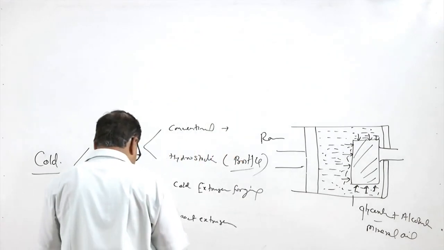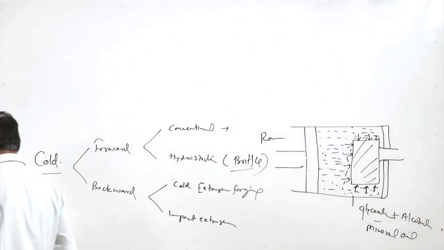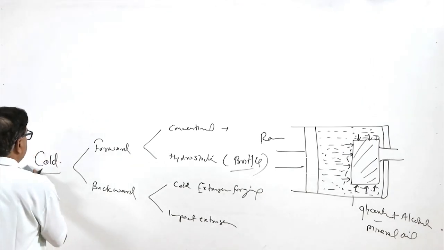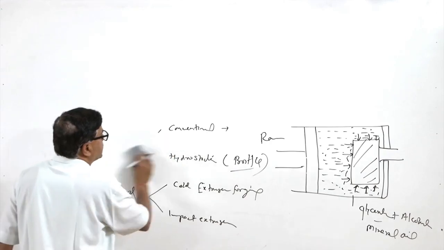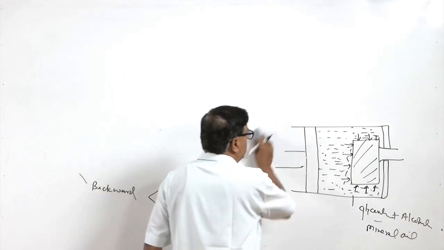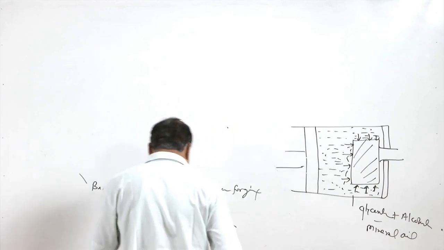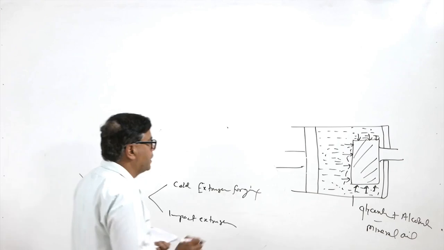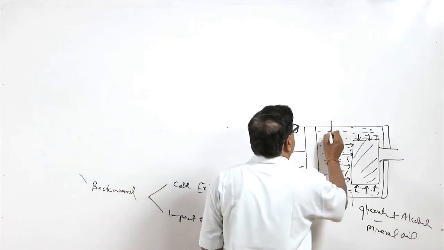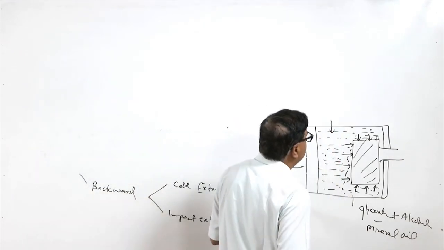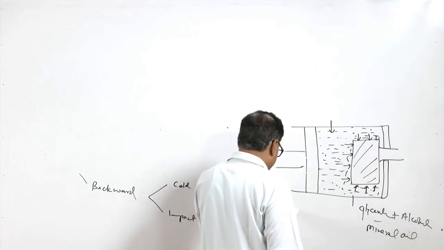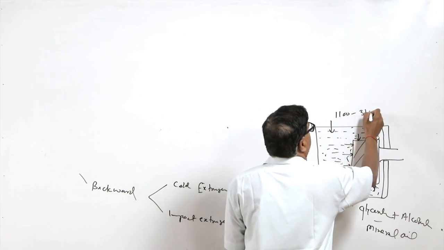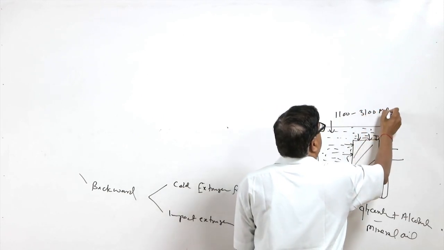I will now mention the difference with regard to the pressures for cold extrusion and hot extrusion conditions, and the pressure developed in hydrostatic extrusion. So, hydrostatic extrusion involves pressure built up onto the billet through the fluid as high as 1100 to 3100 MPa.